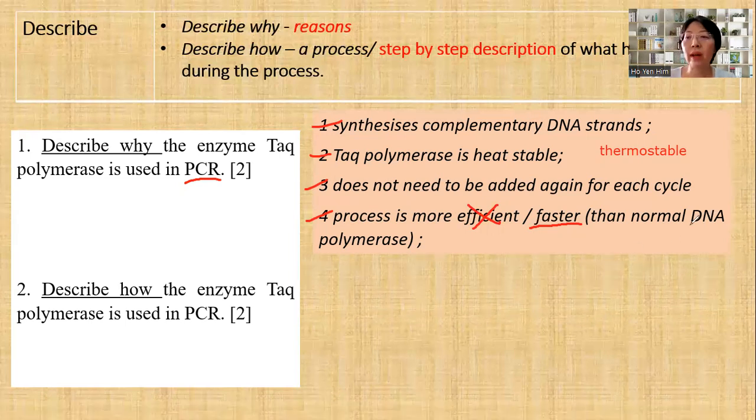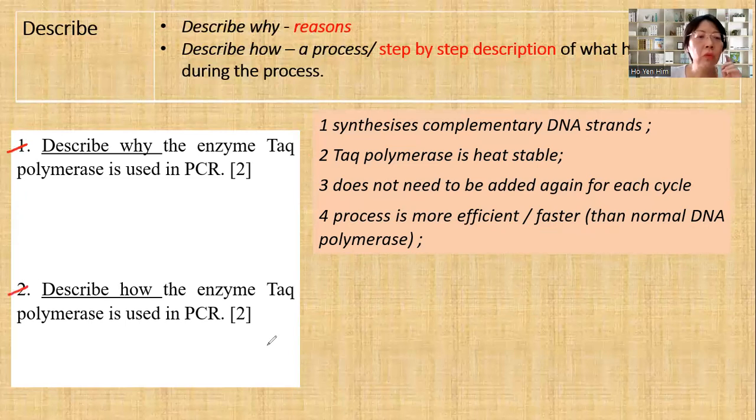Faster than what? Faster than the normal DNA polymerase that we use. So again, choose a more accurate word and give a more crystal clear answer. Efficient is a general term. Sometimes you write it and you won't get marks. Sometimes when you look at past year papers, you use the word efficient and there's no mark. So try to avoid those words unless you really cannot think of any other word.